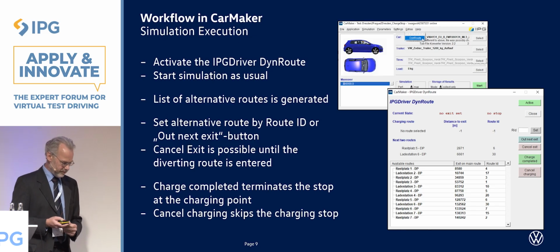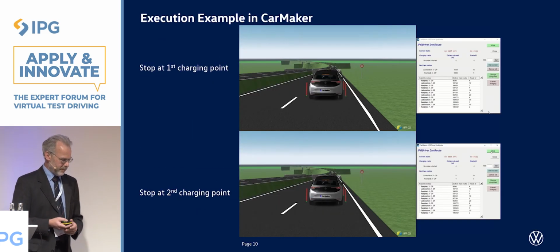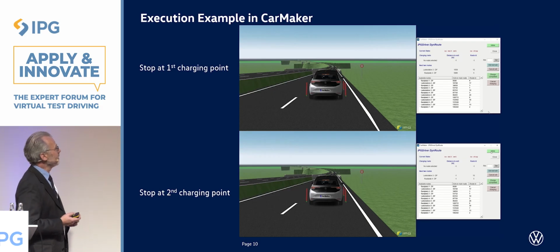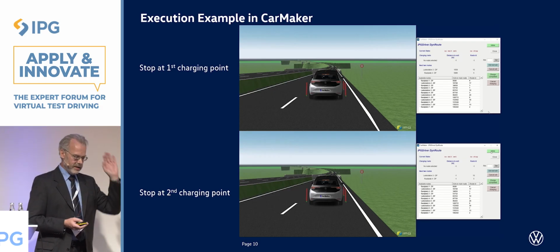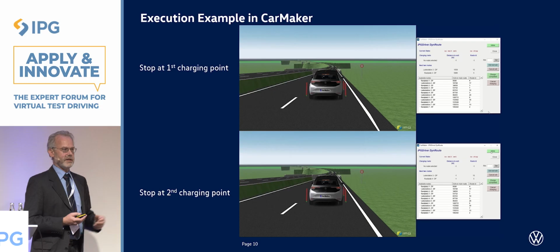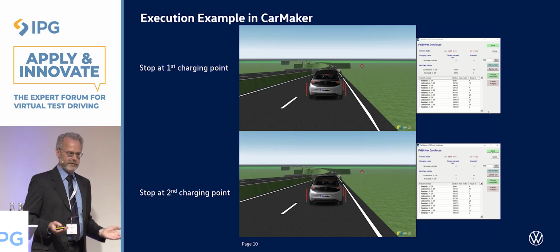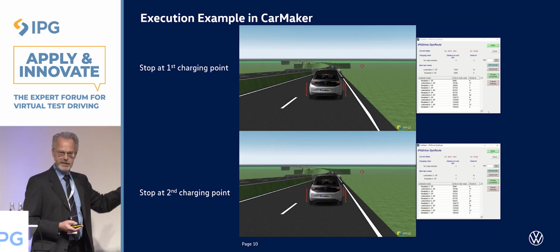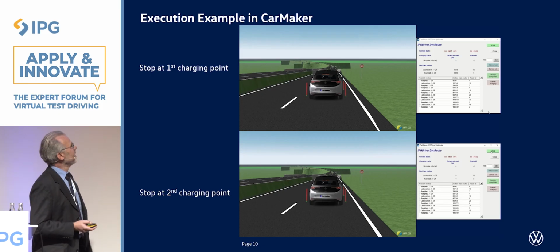Now I will give you an example of such a simulation. In both cases, the same main route is defined. So basically, if we would do nothing, both would look like the same simulation.